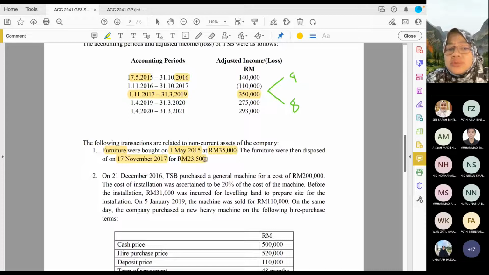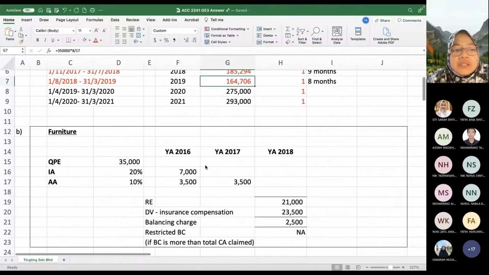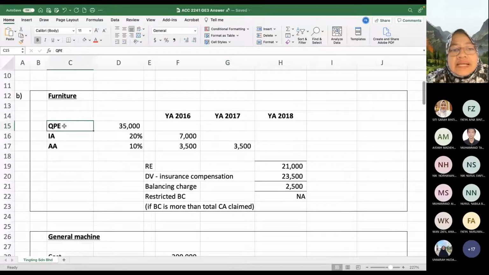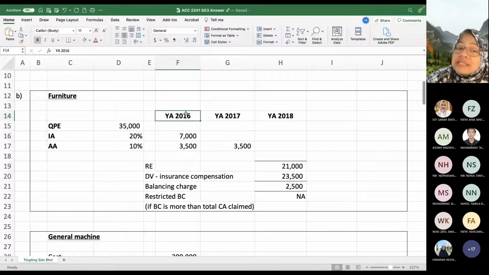If you were to do the columnar format, it's always like this. For the furniture, first identify the QPE, that is 35,000. Then the IA and AA will be 20% and 10% for furniture. When is the first year you're going to claim? You're going to claim in 2016.